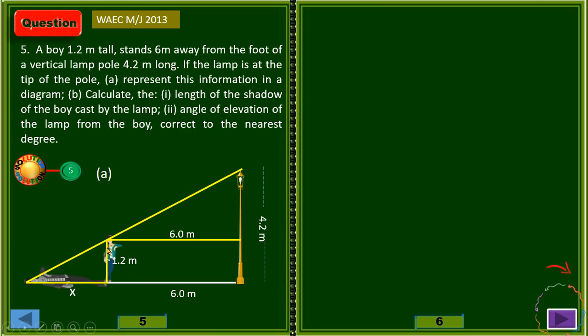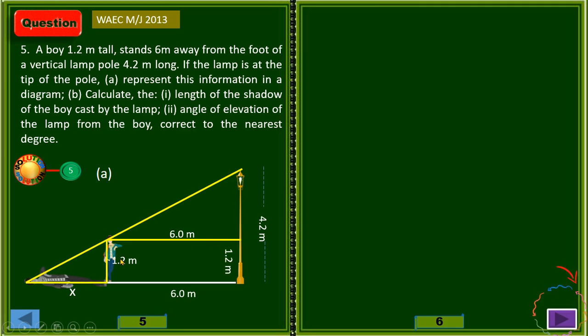We're going to draw from the head of the boy to the lamp pole, and remember, that will be the same as 6 meters. Then we're interested in this angle and this angle, and we know that these two angles are equal. Corresponding angles are equal.